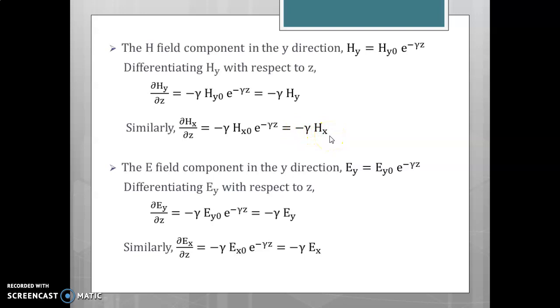The electric field component in the y direction is given by Ey is equal to Ey naught e power minus gamma z, since the wave is propagating in the positive z direction. Ey naught again represents the amplitude. Partial differentiation of Ey with respect to z gives minus gamma Ey. And similarly, partial differentiation of Ex with respect to z ends up with minus gamma Ex.